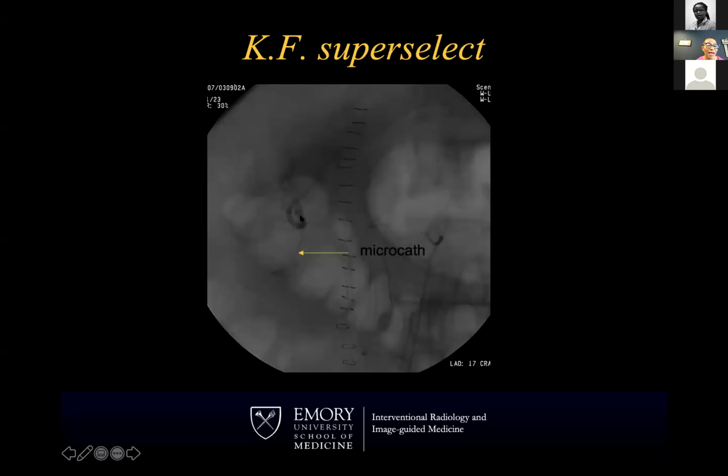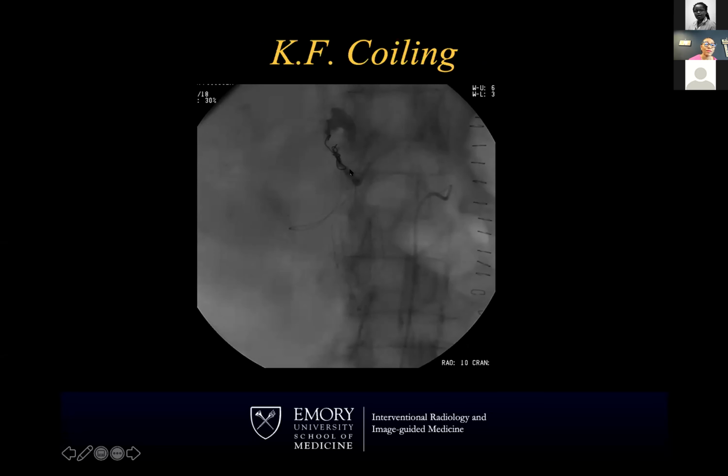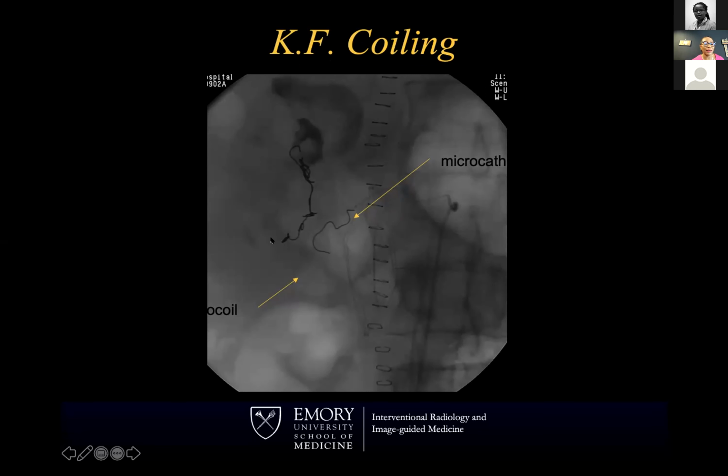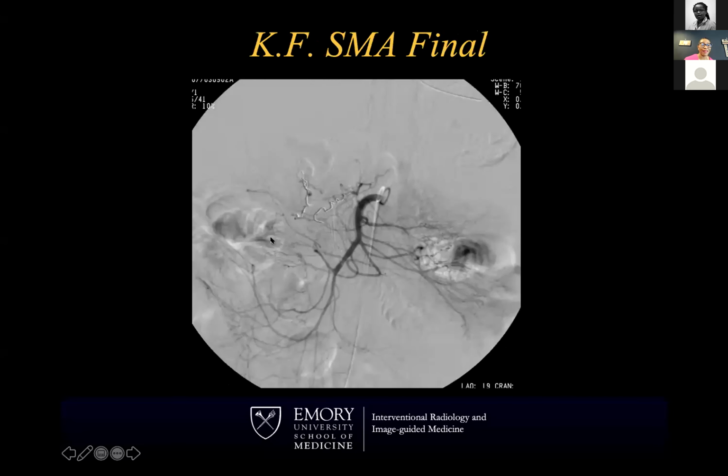Here's the microcatheter all the way out. And now we can place coils to stop the bleeding. Right, microcoils, microcatheter. So knowledge of the vascular anatomy is not just for asking these questions, but it is critical as it relates to treating patients that come in with either upper GI bleed or lower GI bleed.